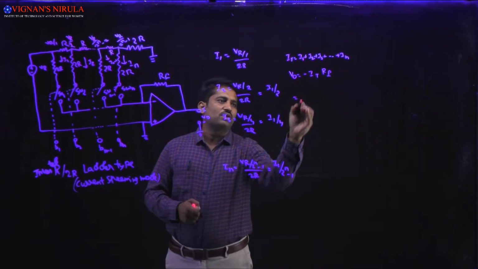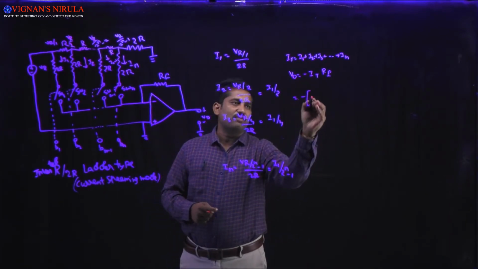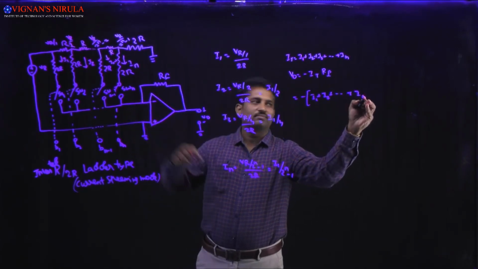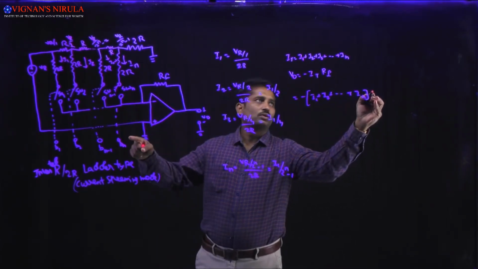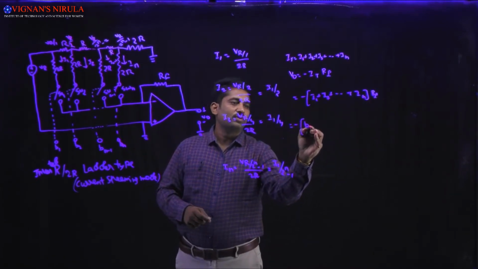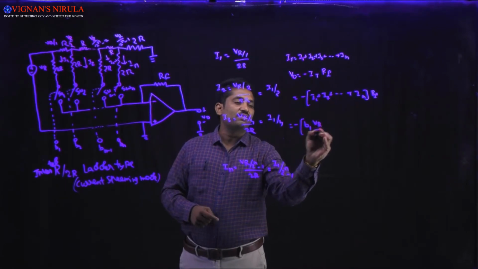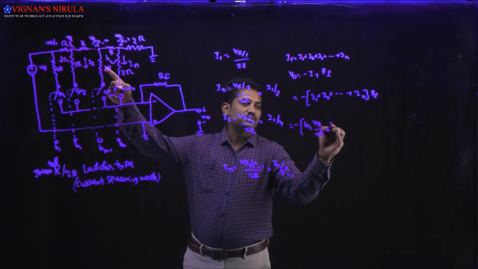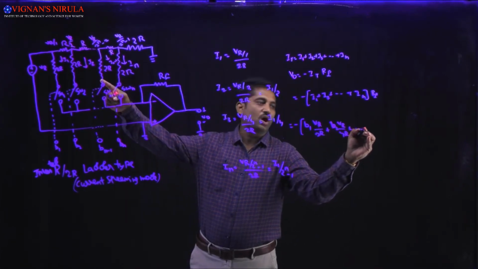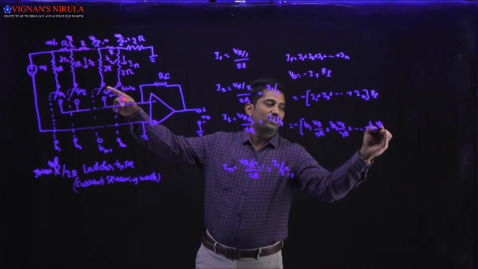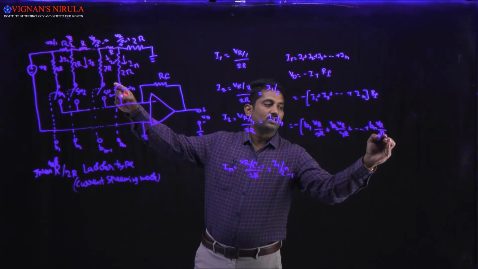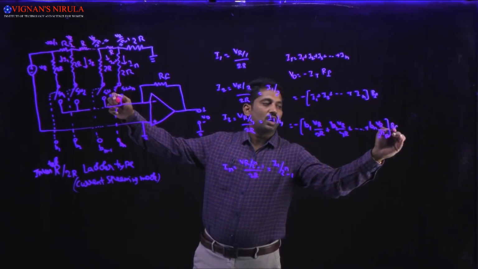From this, we can write it as minus of I1 plus I2 plus so on plus IN into RF, which will be equal to minus of B1 into VR divided by 2R plus B2 into VR divided by 4R plus so on plus Bn into VR divided by 2 power n into R, into RF.